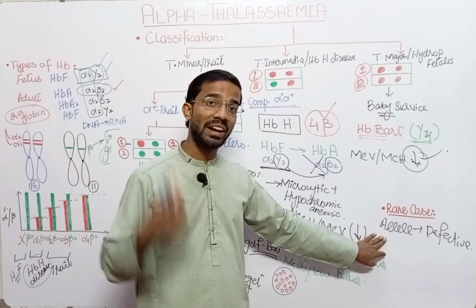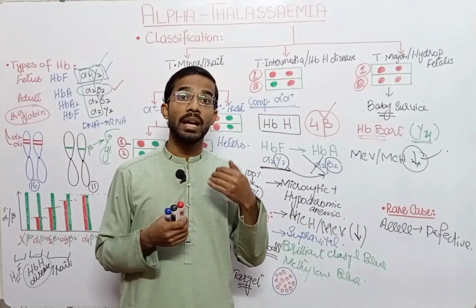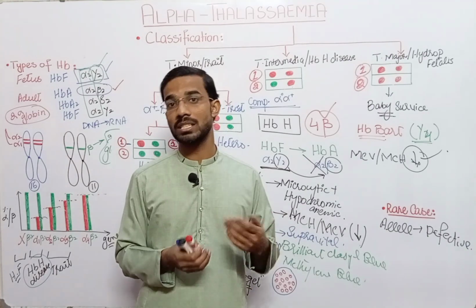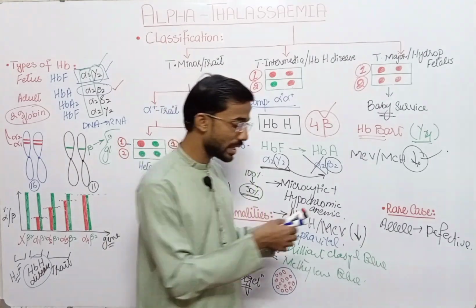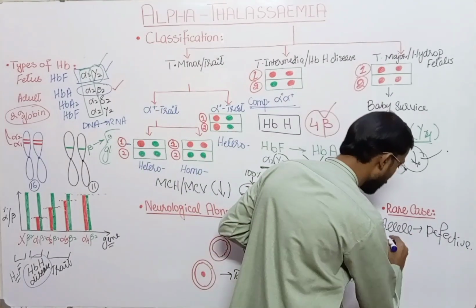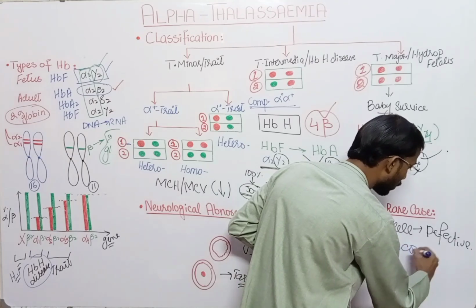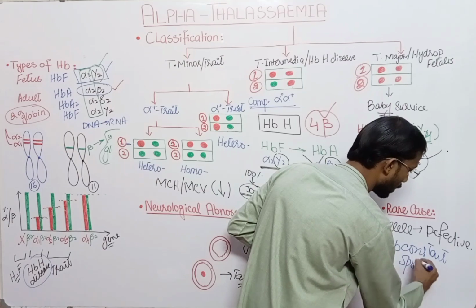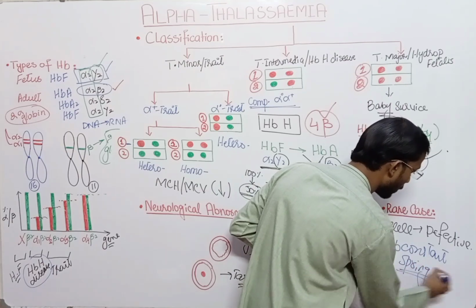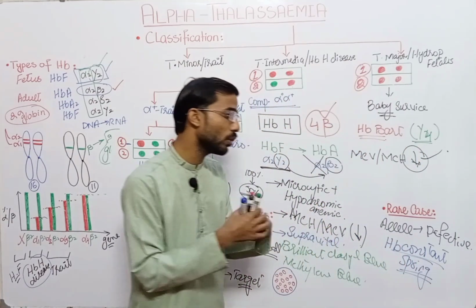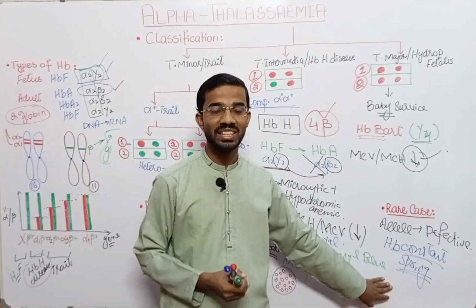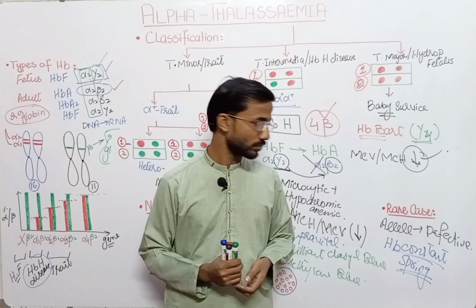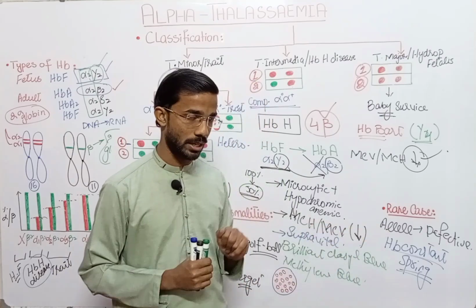But if the allele is defective, then sometimes a globin chain can be produced, but it is an unstable globin chain. In this case, you will see hemoglobin Constant Spring. The globin chains are basically defective, and this is an unstable case.